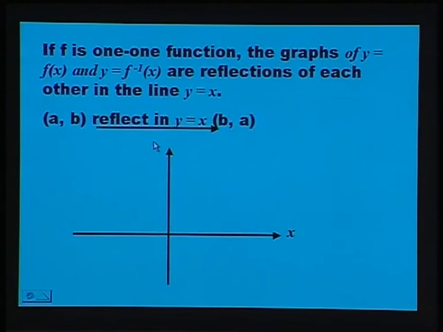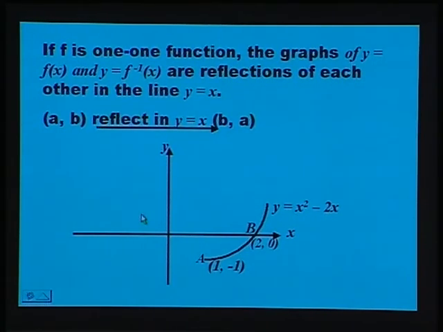Let's consider the following function. y is equal to x squared minus 2x. And consider two points on it, A (1, minus 1) and B (2, 0). Now, this is the graph of the function x squared minus 2x.